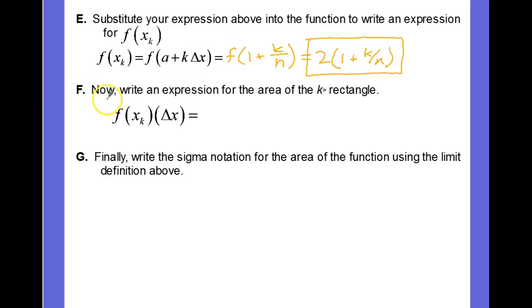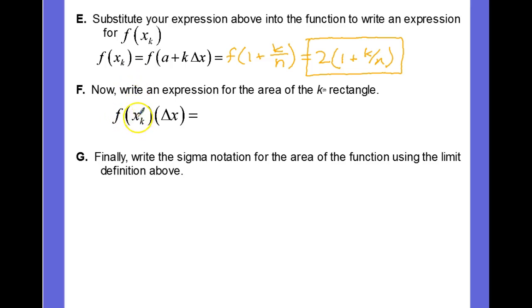Now, building off of this, they want us to write an expression for the area of the kth rectangle. Well, to do that, I need to have the height of the rectangle, which is f of x sub k. That's where the rectangle goes up to the function. So it has the street address of x sub k on the x-axis for the right corner of our rectangle, and it goes all the way up to the function, and that f of x is the y value.